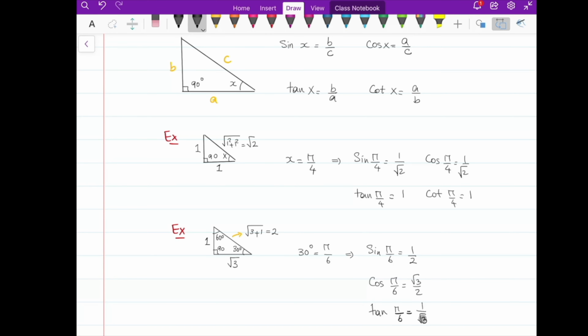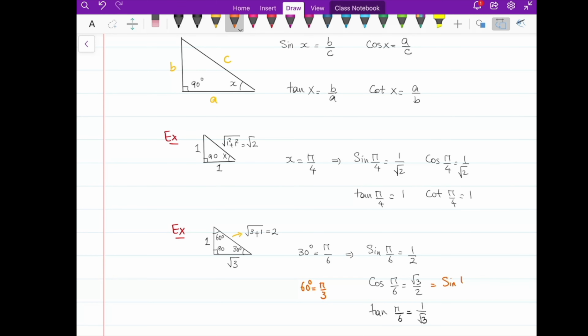Now, if I consider 60 degrees, which is pi over 3, okay, 60 degrees would be here. Now, sine of that would be the front over hypotenuse. So sine of pi over 3 would be root 3 over 2, which is equal to cosine of pi over 6.